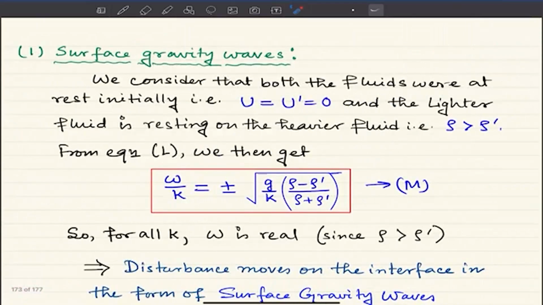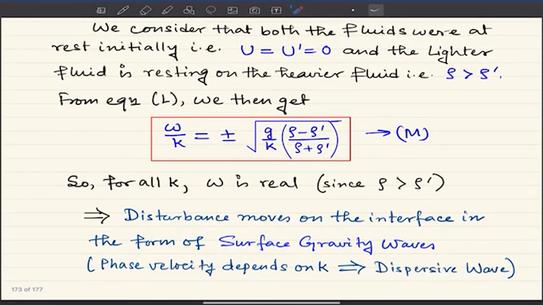In this case, the initial condition, that the two fluid system was initially at rest, actually gives birth to a linear wave mode. Any weak perturbation caused to this two fluid interface would give birth to a linear mode whose phase velocity, or the dispersion relation, is given by omega by k equal to plus minus root over g by k, rho minus rho prime by rho plus rho prime.